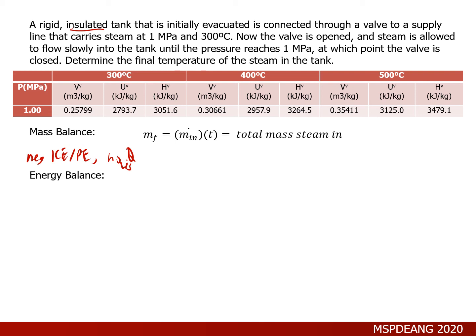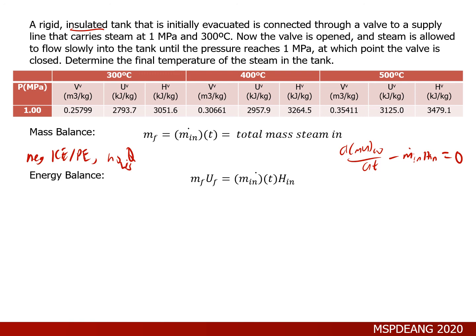So our energy balance equation will reduce to d(mu)CV over dt minus m dot in h in, kasi wala naman tayong mass going out, so it's equal to 0. And integrating this and rearranging, you will get the following energy balance equation: MFUF is equal to m dot in T times H in. Walang MI kasi wala naman tayong initial mass of steam inside our evacuated tank.